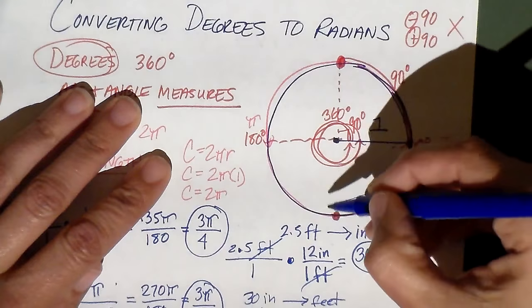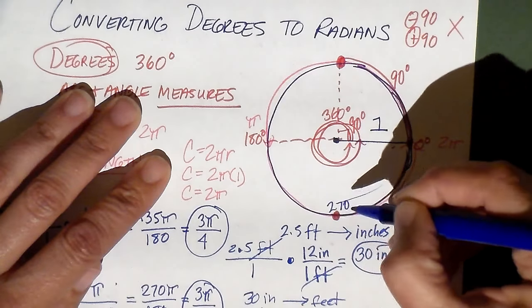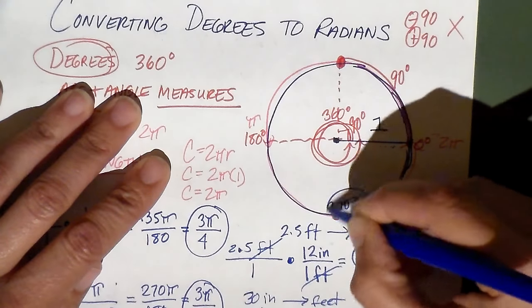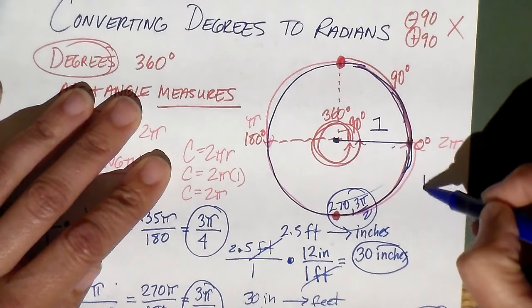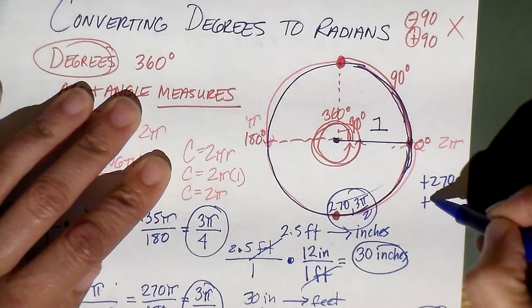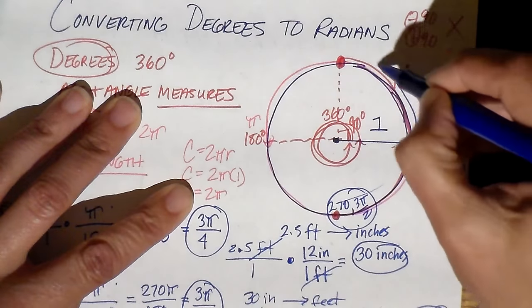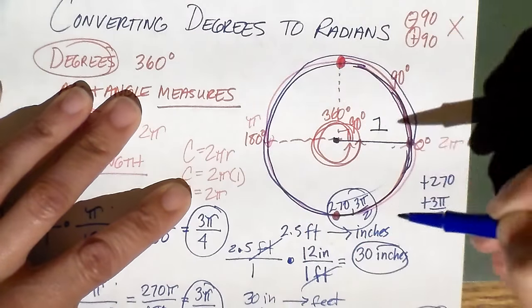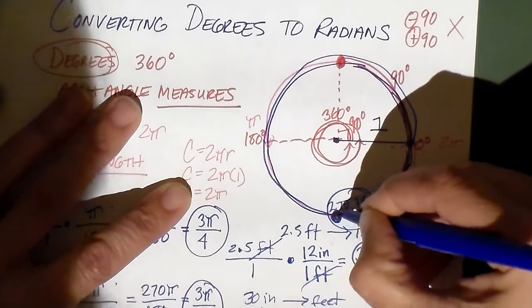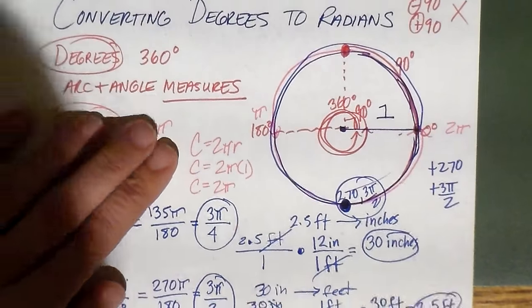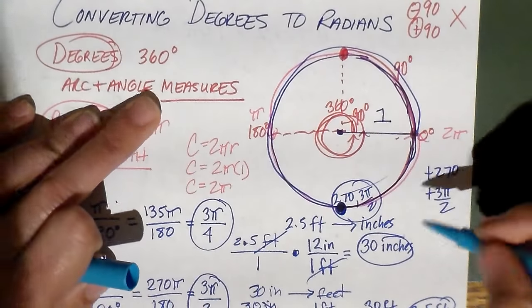One more example. Let's say I did 270. 270 is also 3 pi over 2, okay? If I do positive 270, which is positive 3 pi over 2, that means I go this way with full sound effects. I end up right here, right? All right, let's go the opposite way.